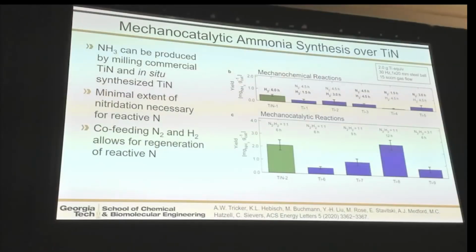We did various milling experiments. Some where we started with the titanium nitride sample, others that are blue on this slide with metal, and finally linked with the induction period we observed when we started with the metal.